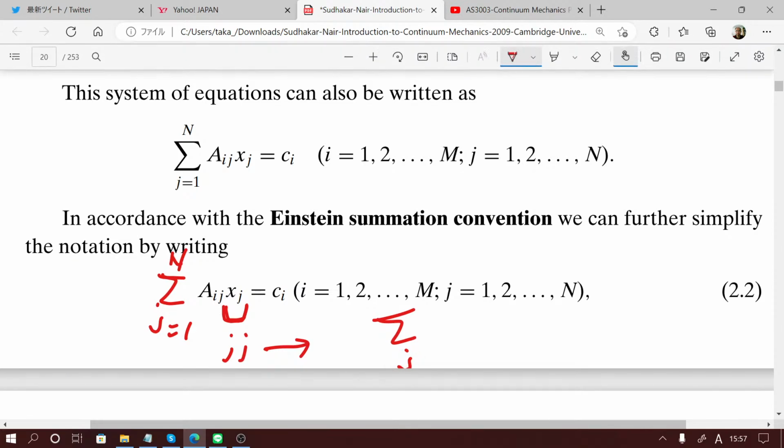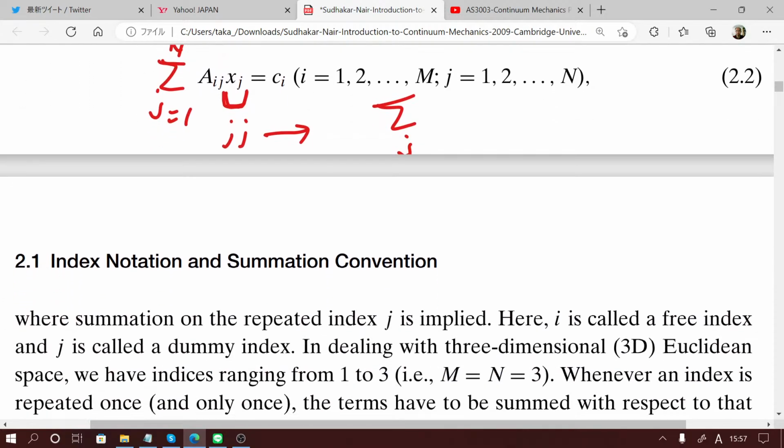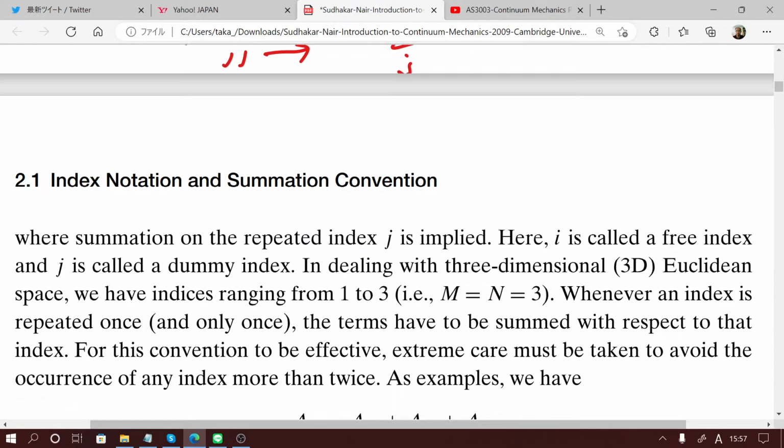Here the summation on the repeated index j is implied. Here i is called a free index and j is called a dummy index.